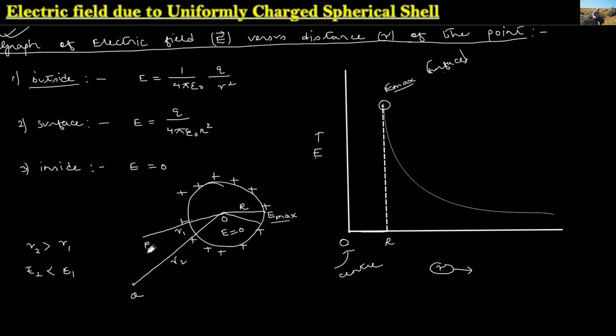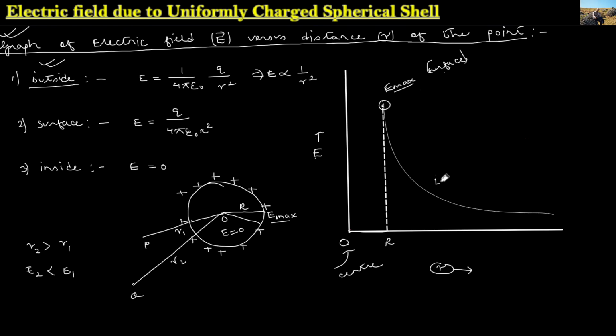Then for the point outside, as we increase the distance onwards, the electric field will decrease, because for a point outside the surface, E is inversely proportional to R square.